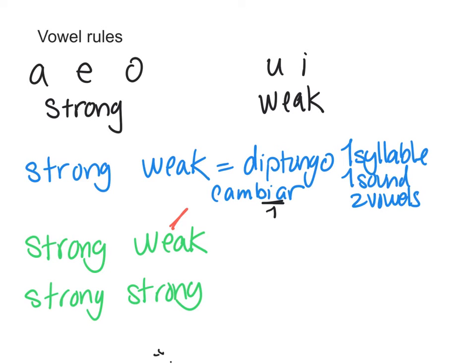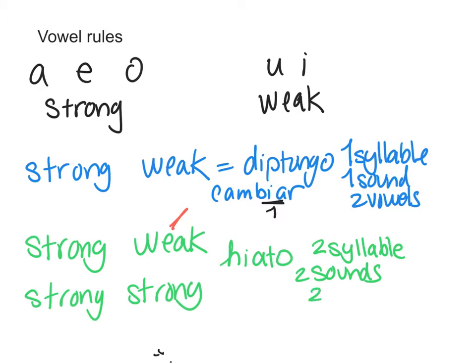Now in the case of a strong vowel plus a weak vowel with an accent mark on it, or two strong vowels in a row, those are called a hiato, and that's when they form two syllables and two sounds with the two consecutive vowels.